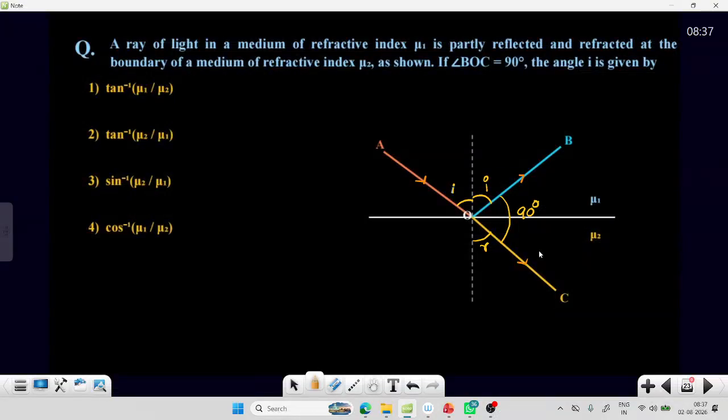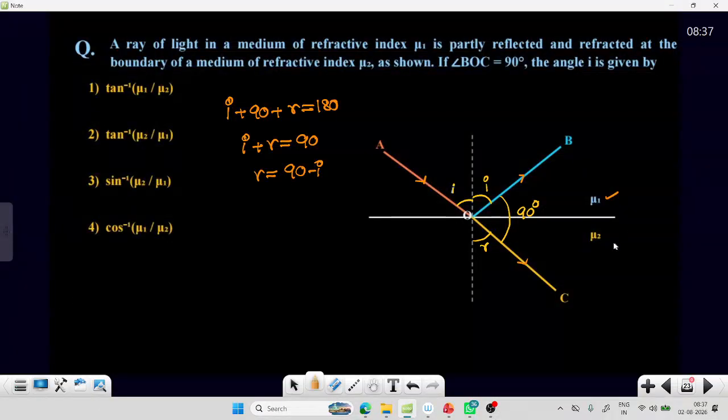From this we can say I plus 90 plus R is equal to 180. So I plus R equals 90, that is R equals 90 minus I.